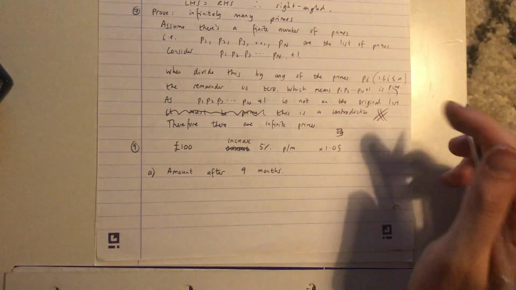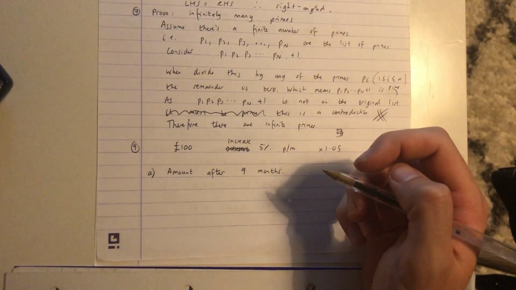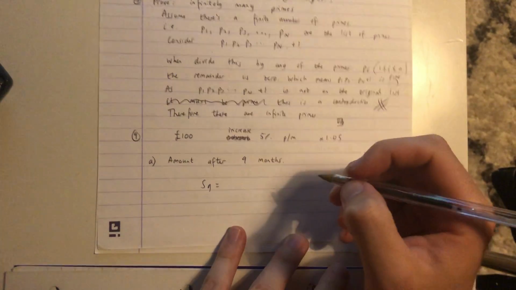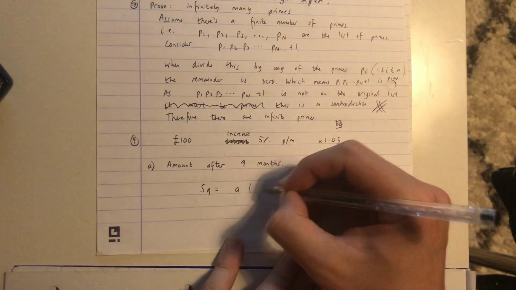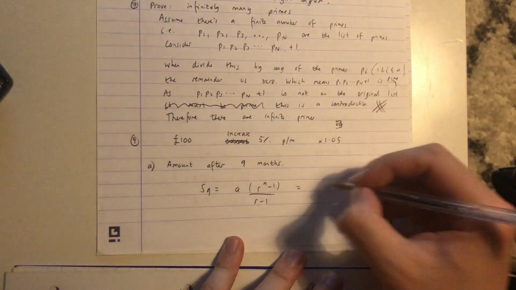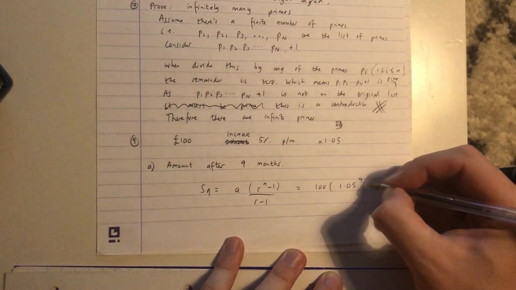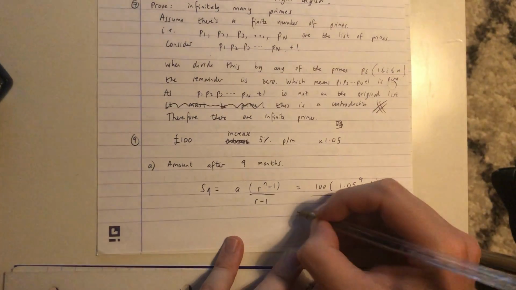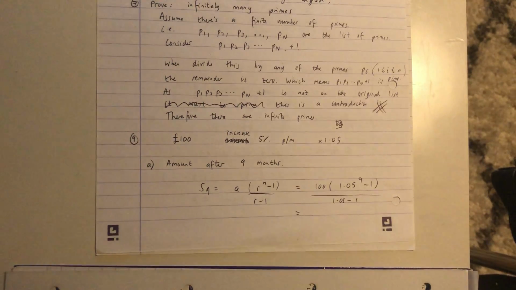All of these formulas are given to you in the formula booklet, but you want the total amount after 9 months, so that's a sum, so S9, which would be a r to the n minus 1 over r minus 1, which is £100, 1.05 to the power of 9, subtract 1, over 1.05, subtract 1. Please don't work out the 9 months individually and then add them up.